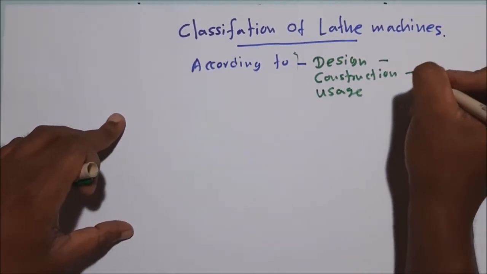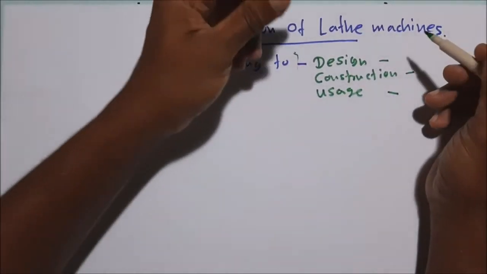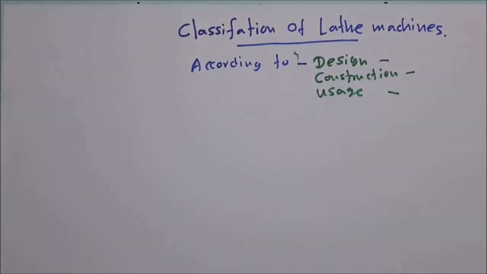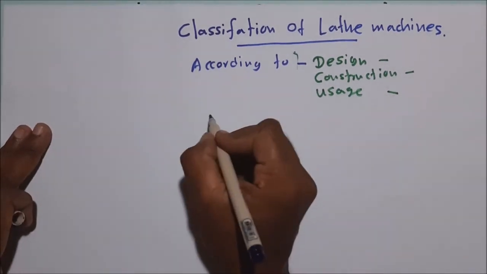According to these three, the design, construction and usage, we can classify lathes into 7 categories. Then let's see what these 7 categories are.